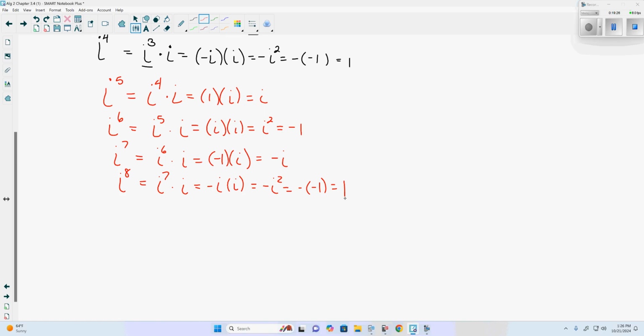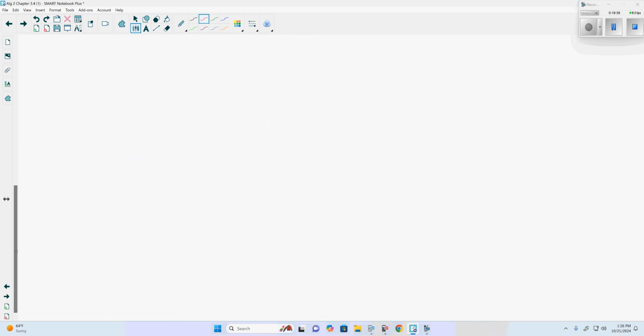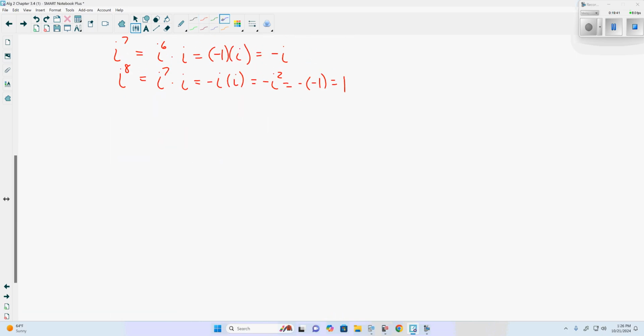What do we think i to the ninth power would give us? Not quite. It wouldn't be negative 1. We could go through this process, but what are our 4 possible answers for this? Because we have i, negative 1, negative i, 1, yes? And we'd go back to the top.